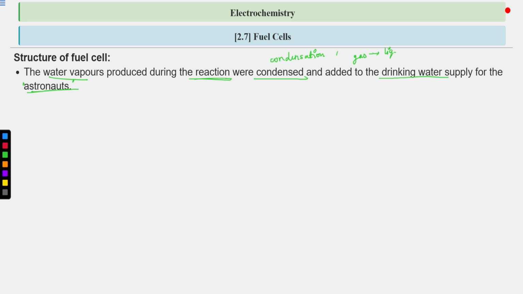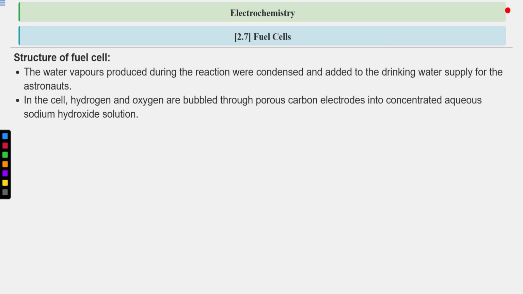Whatever energy is produced from the reaction in those fuel cells, we convert into electrical power, and we use it for the functioning of our spaceships. One more use is that the water vapors we get from the reaction in those fuel cells, we can use as drinking water by condensing them, and we add them to the drinking water supply for the astronauts.